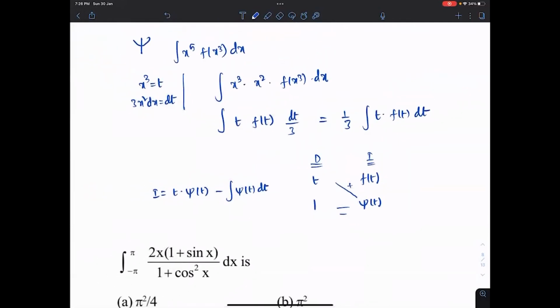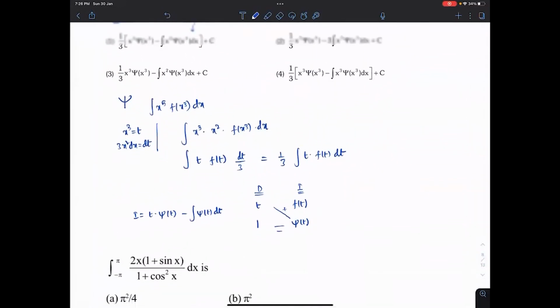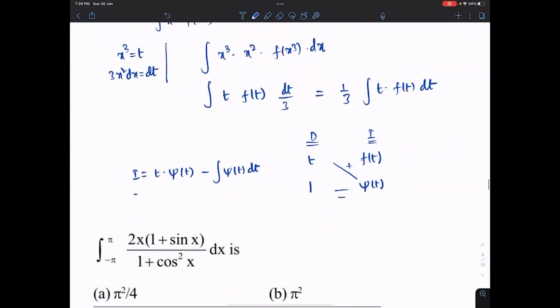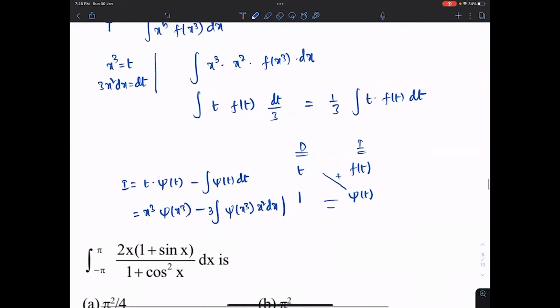What is t we have taken? X cube. So back substitute. Finally it will be x cube psi of x cube minus integral psi of x cube, and dt means 3x square dx. Now you can match which option is correct.